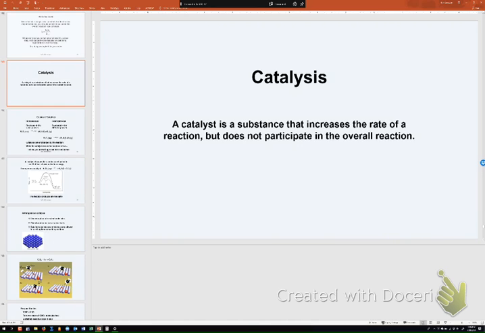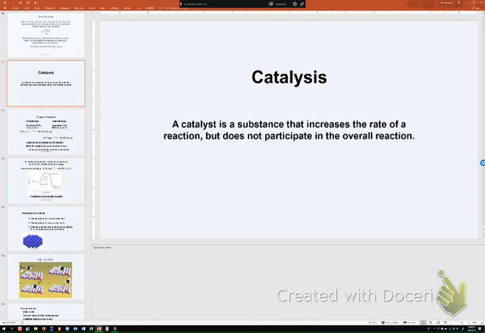There are 3 terms that come along with reaction mechanisms. The first term is unimolecular. Unimolecular sounds like what? One molecule, right?